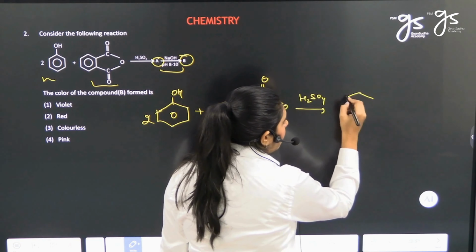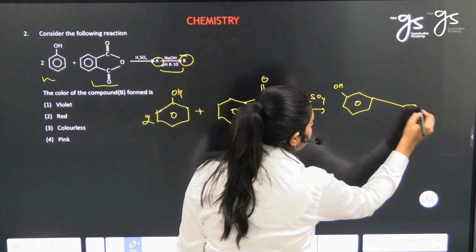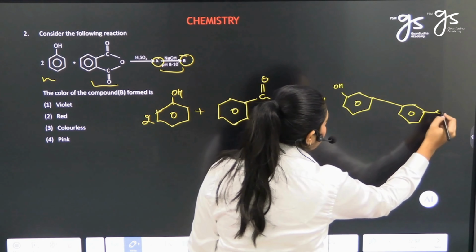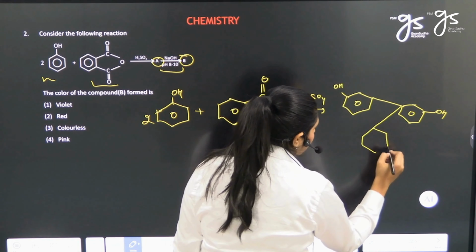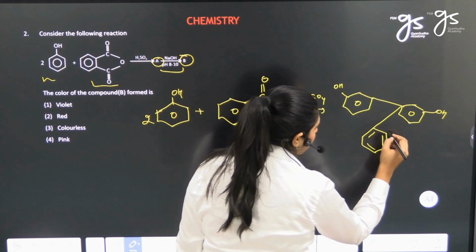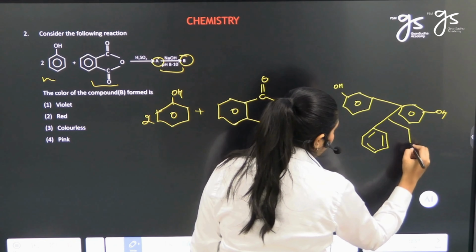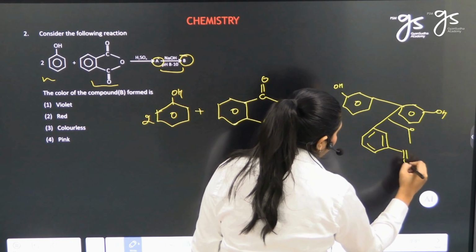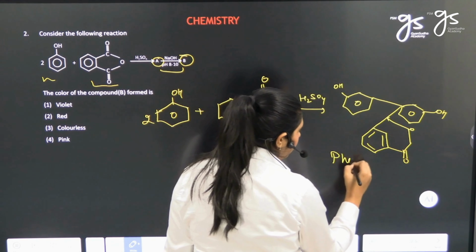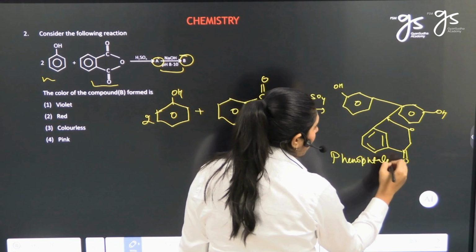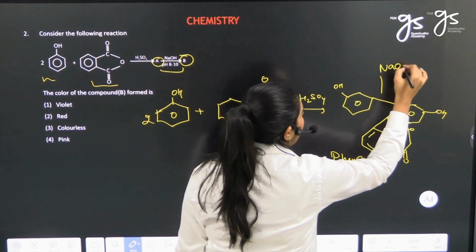So let's draw the phenolphthalein compound. This is the phenolphthalein compound, and when it reacts with NaOH, it gives a pink color.